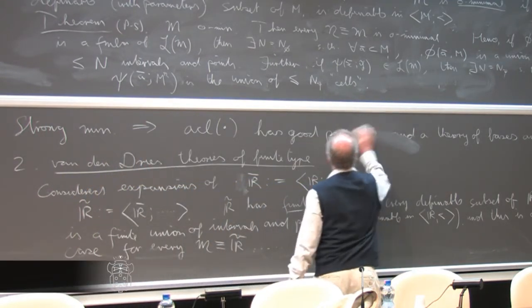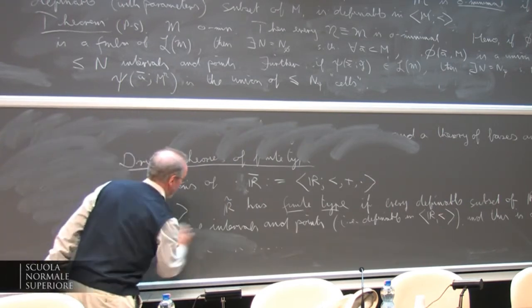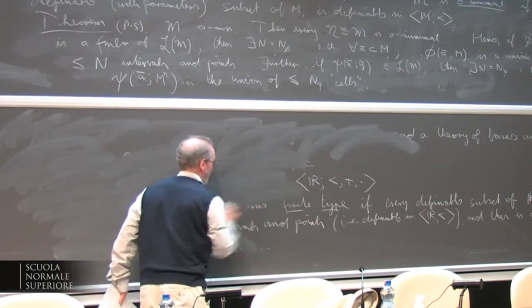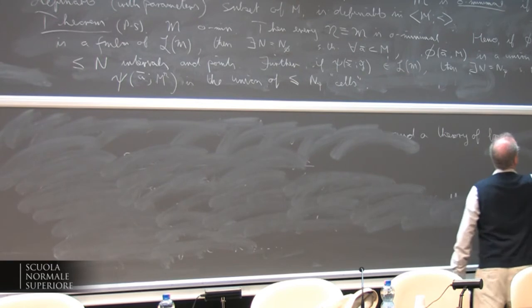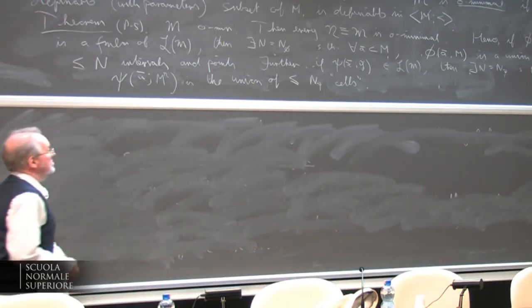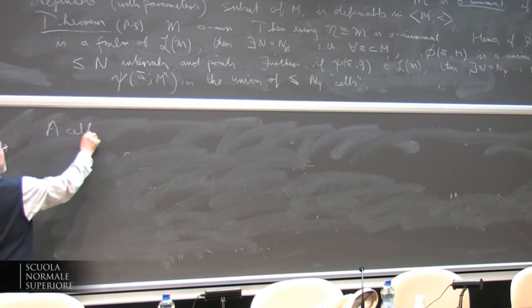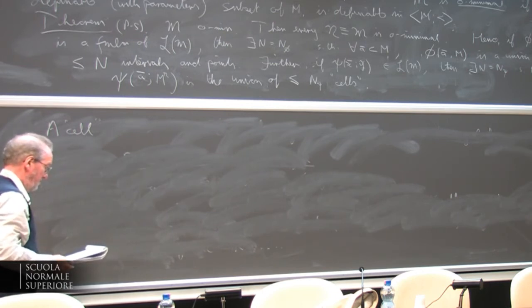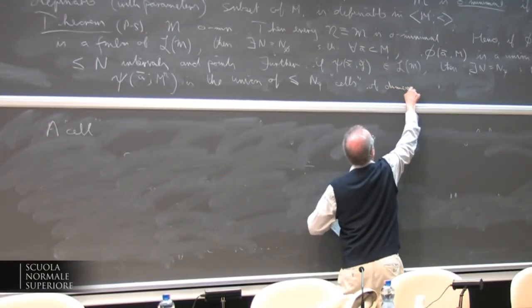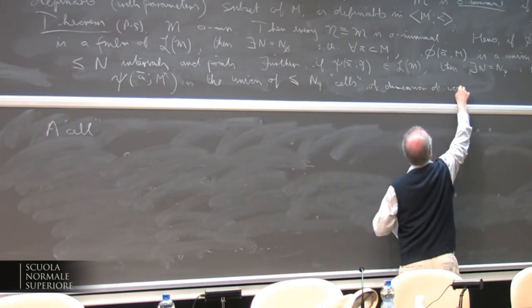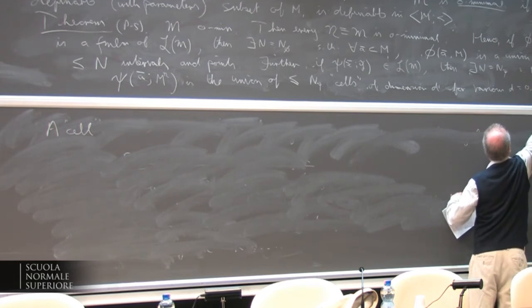Let's see how we do. Where a cell, of cells, I'll just say here, of dimension d, for various d, equals 0 up to n.